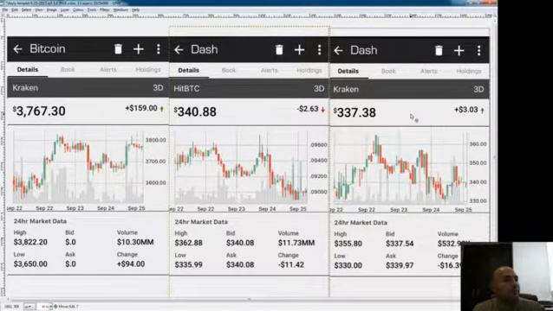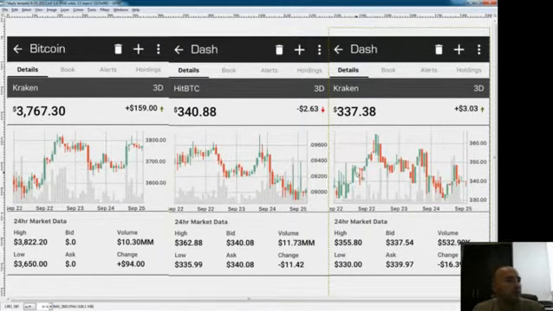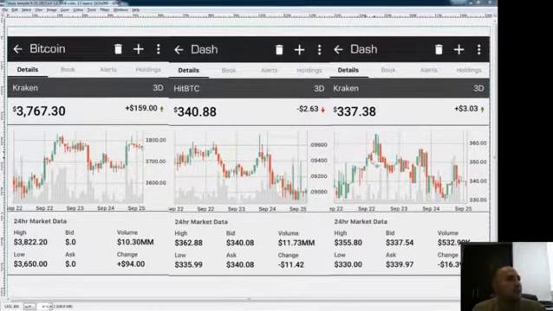Alright, so I apologize for the time this takes. There we have Dash versus US dollars. It was up here 360, and it went down all the way to 340.